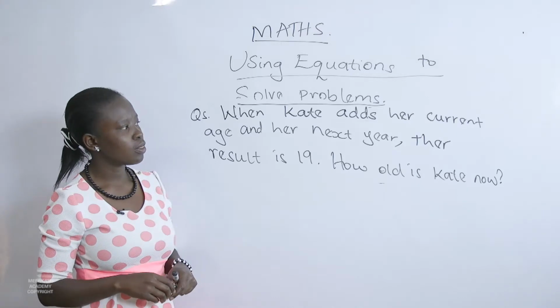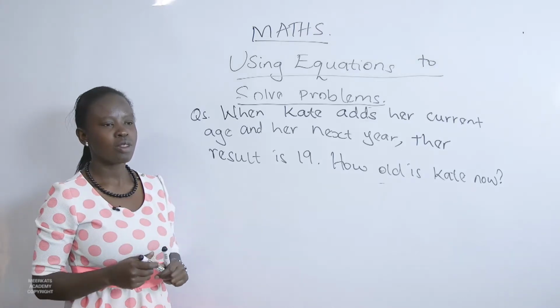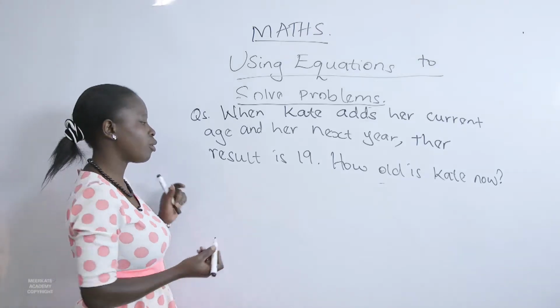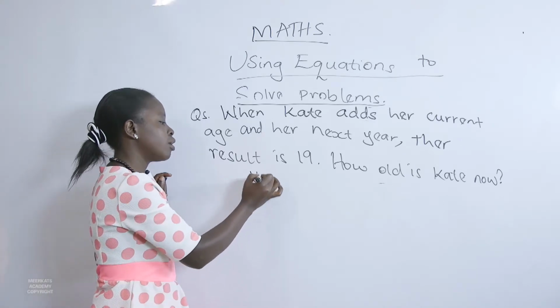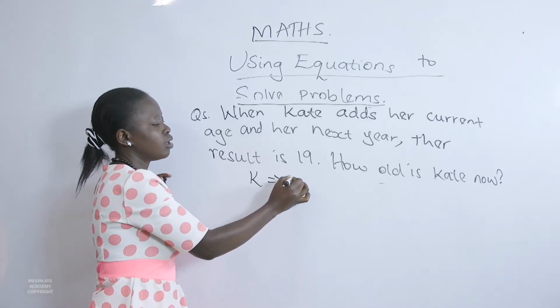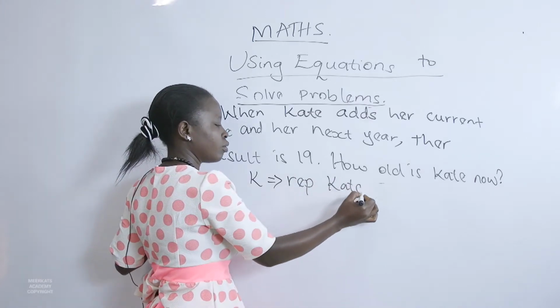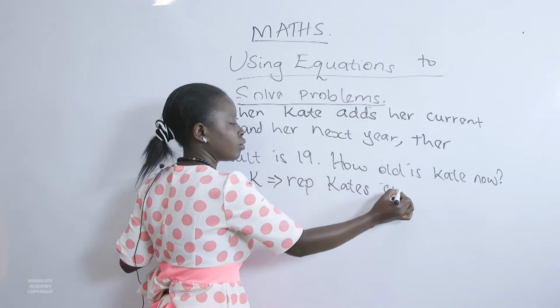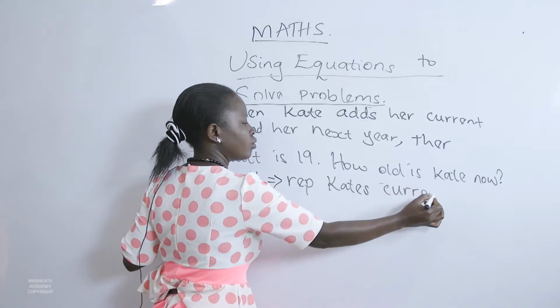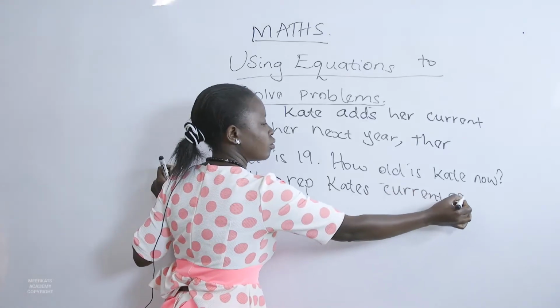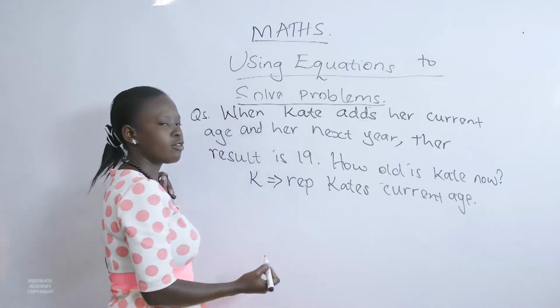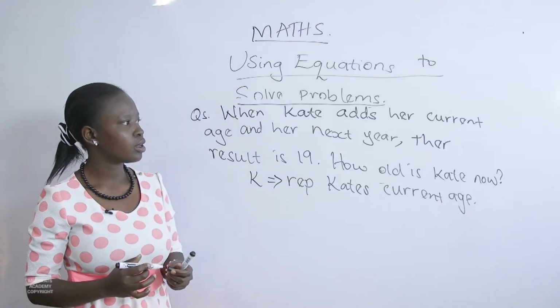We are having the age of Kate. So that means we can choose a pronumeral. We can say let K represent her age now.